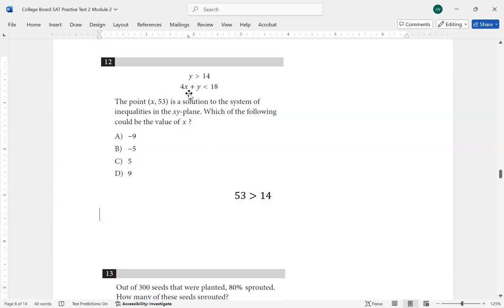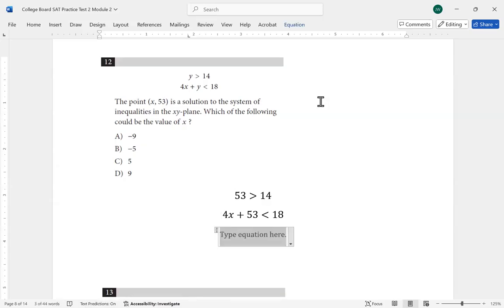So now let's figure out this second inequality and when that is going to be satisfied. Well, if I plug in x comma 53, I end up with 4x plus 53 is less than 18.